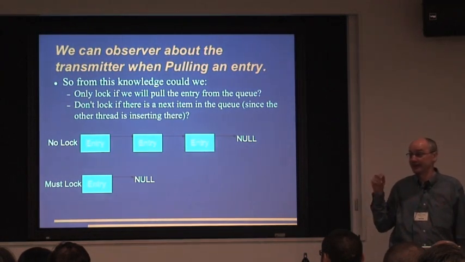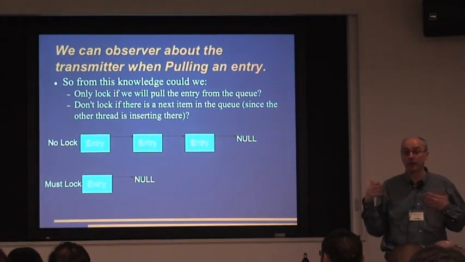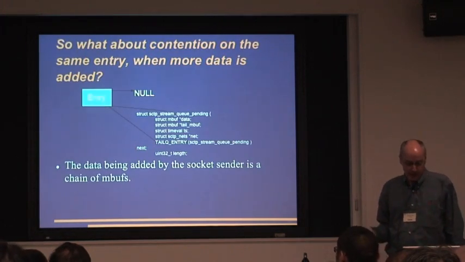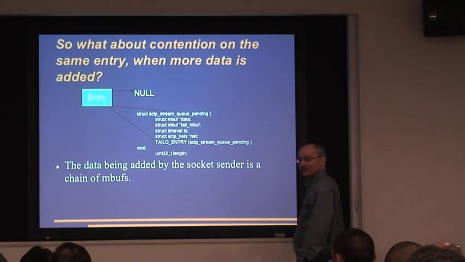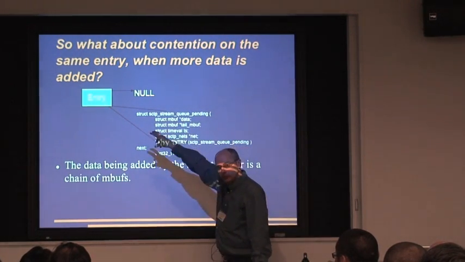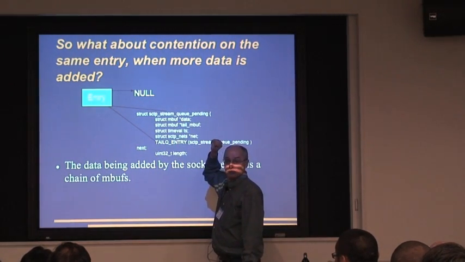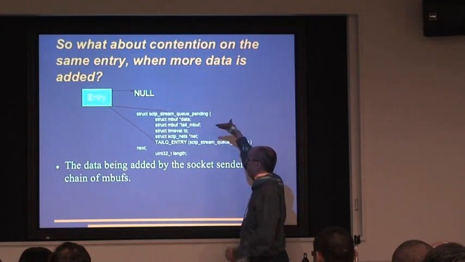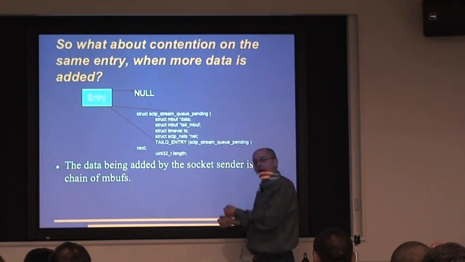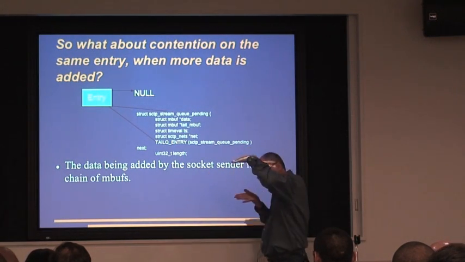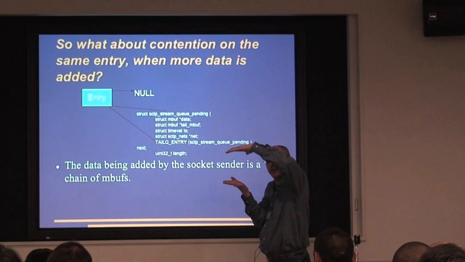Does that make sense? It's a little complicated, but if you think about the way that we're adding to the tail, it makes sense. And then to make it even more interesting, when I'm in this case, if I'm not going to remove the entry from the queue, I can actually look at the structure and say, I'm not taking all the data. The sender adds only full MBUFs, a group of MBUFs all at once.